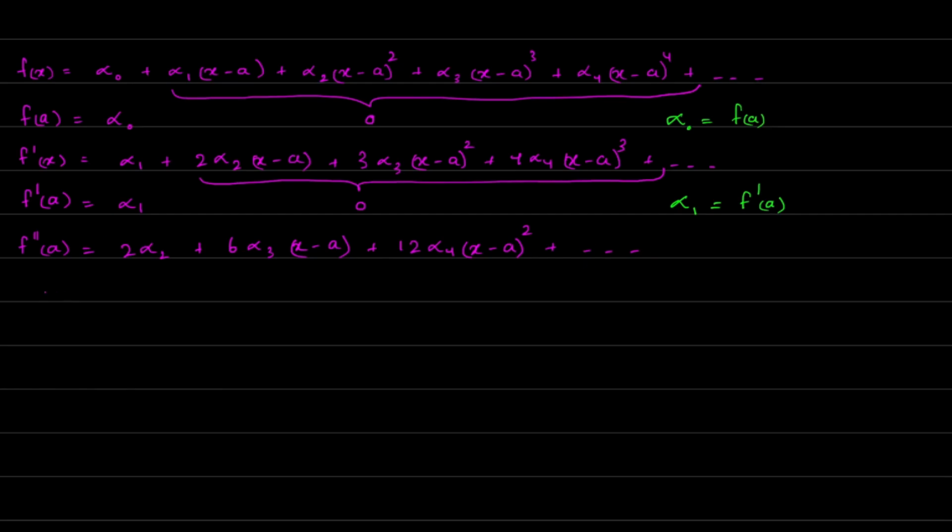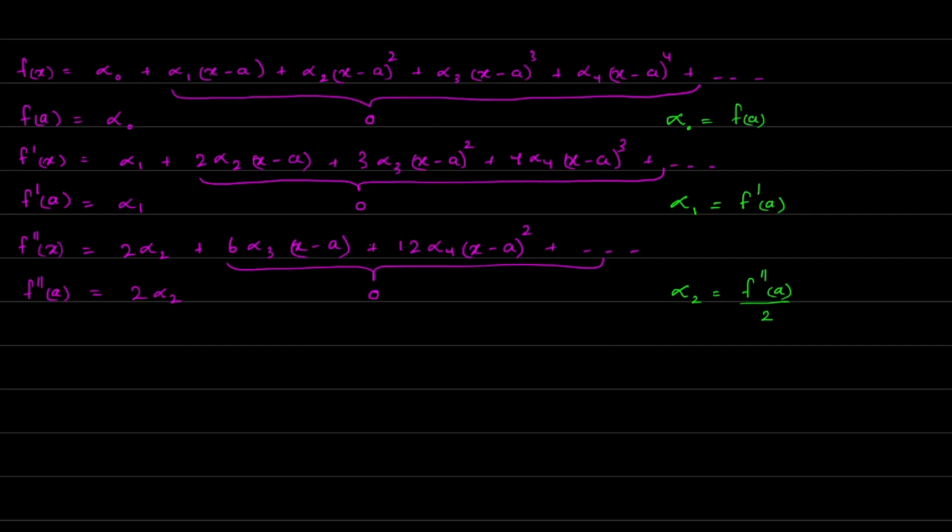And when we set x to a, we get f''(a) being equal to 2 alpha 2, and this entire component, just as before, becomes equal to 0. And therefore, alpha 2 is equal to f''(a) divided by 2.